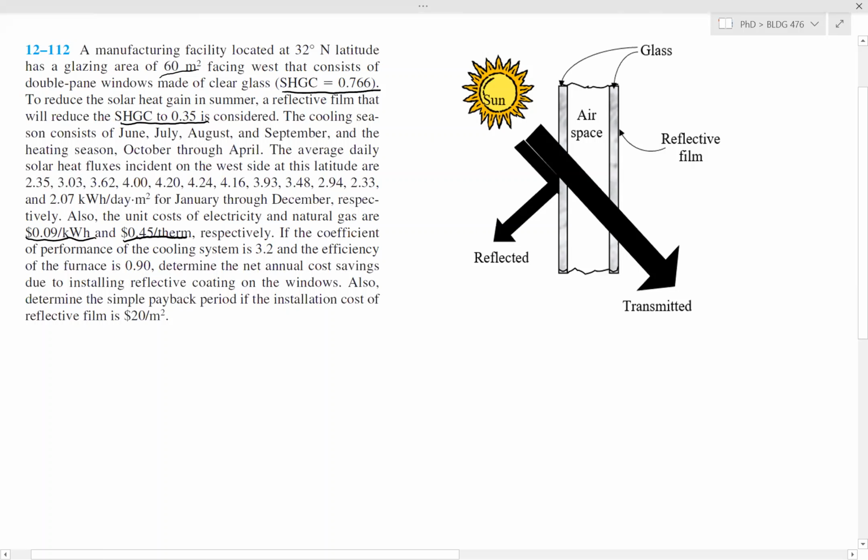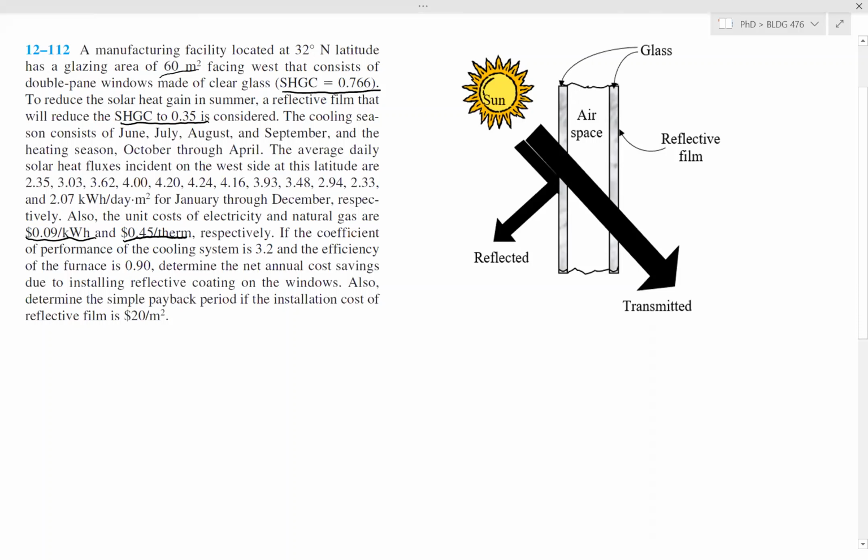So I think this question's cool just because it introduces this idea that if you make a window better against solar gains, it's good and bad. It's good for the heating season when you want the extra heat, and it's bad for the cooling season when you're trying to cool the space anyway.